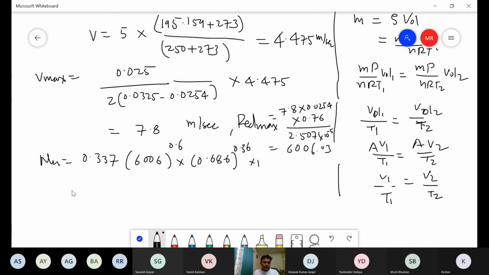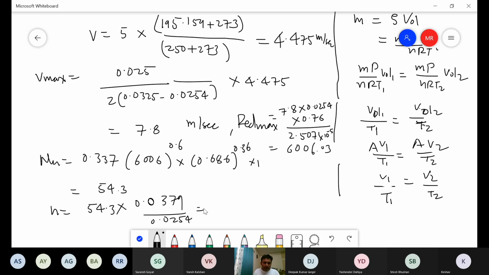Is it correct? Into the thermal conductivity, which is taken as 0.0379, divided by the diameter, which is 0.0254.